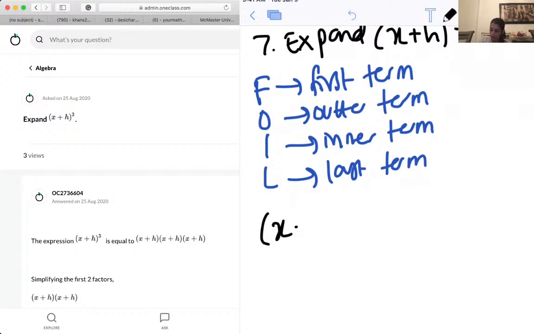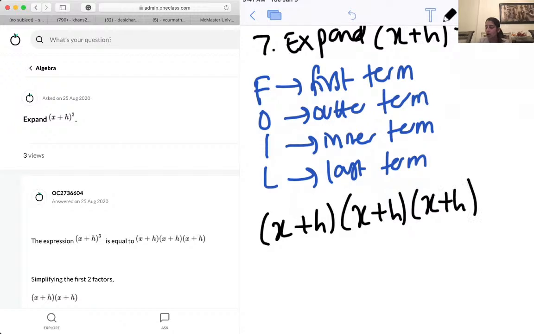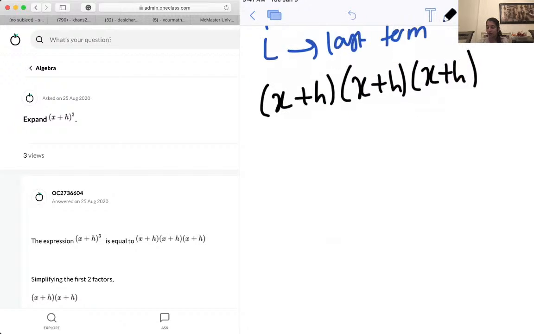X plus h times x plus h times x plus h. A lot of the students forget about the last x plus h, and that's where they lose marks. So please make sure that you multiply each and every term and get the final answer. So x times x is x squared.